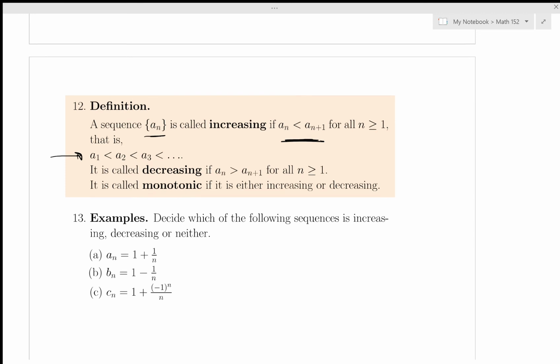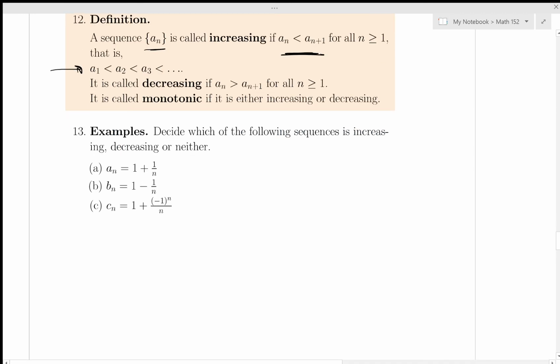Okay, so let us take a look at three sequences. Are they increasing, decreasing, or neither? We have a list of numbers, and all we're asking is whether it is increasing or decreasing. We know the rule for figuring out what an is, so we can just make a list and see what's happening, and then be a little more rigorous. a1 is 1 plus 1 over 1, a2 is 1 plus 1 over 2, and a3 is 1 plus 1 over 3.